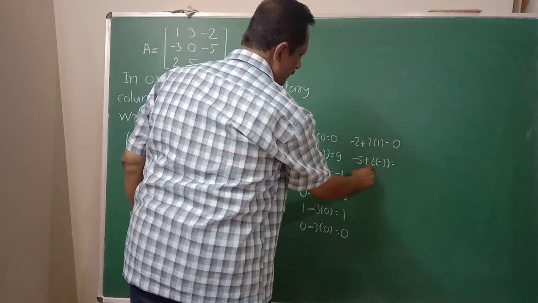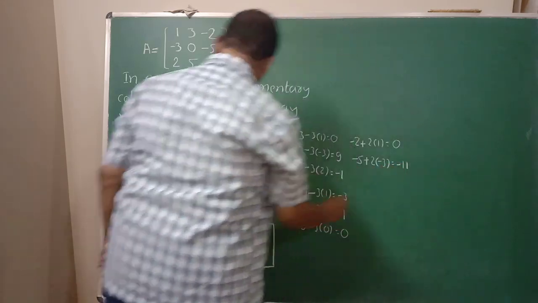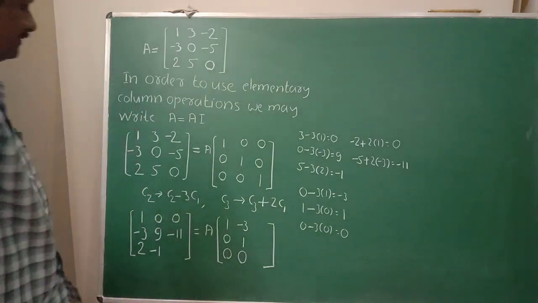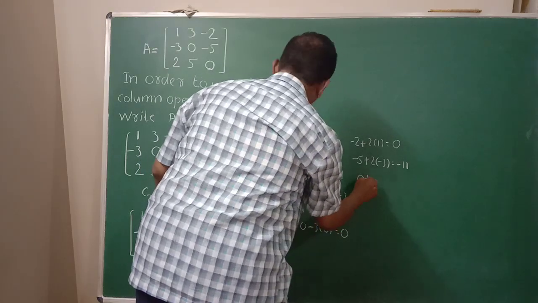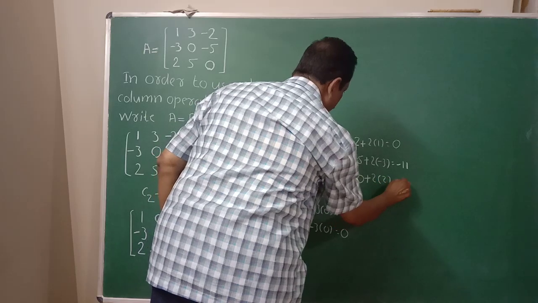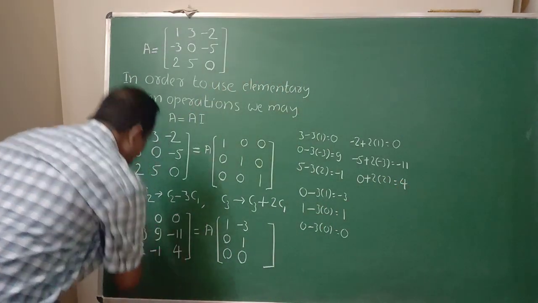So minus 6 minus 5 is minus 11. Then 0 plus 2 into 2. 2 into 2 becomes 4. So write here 4.